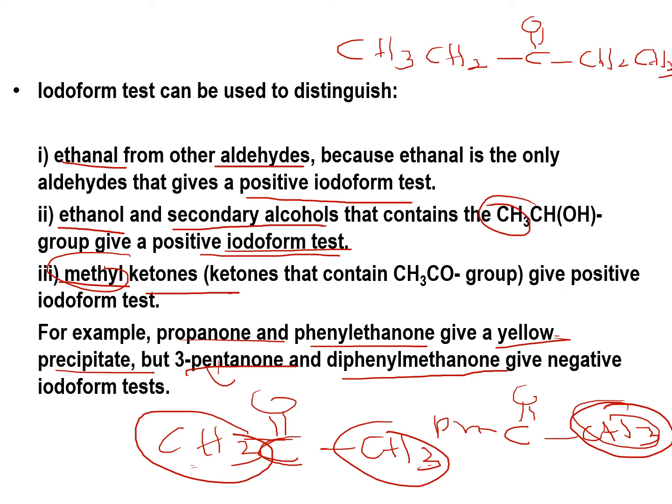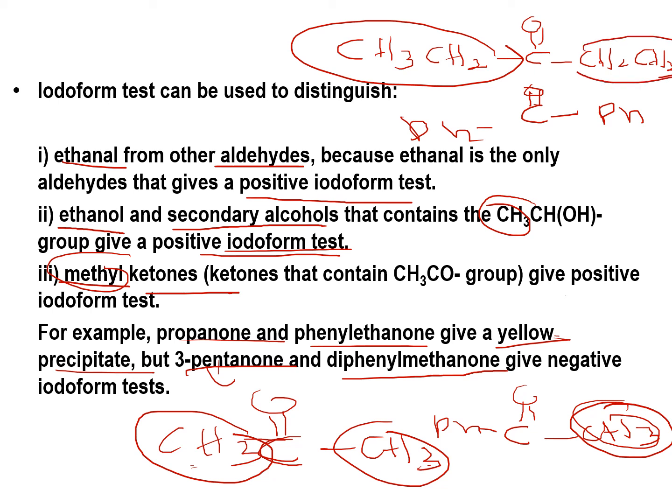And diphenylmethanone is C double bond O with phenyl on the left and right. Looking at 3-pentanone, next to the functional group you have CH2, CH3, which means it is not a methyl group, so it will not form a yellow precipitate. It gives a negative result for the iodoform test. Same thing with diphenylmethanone, you don't have a methyl group CH3, so they have a negative iodoform test.